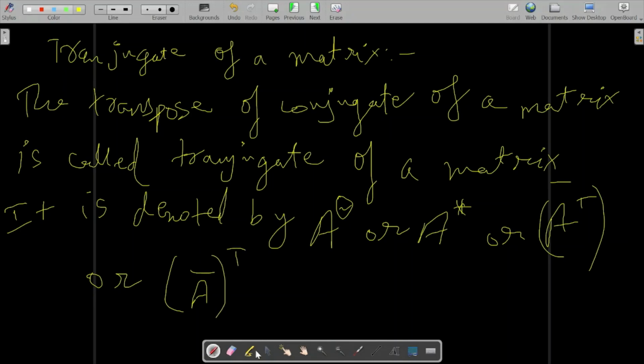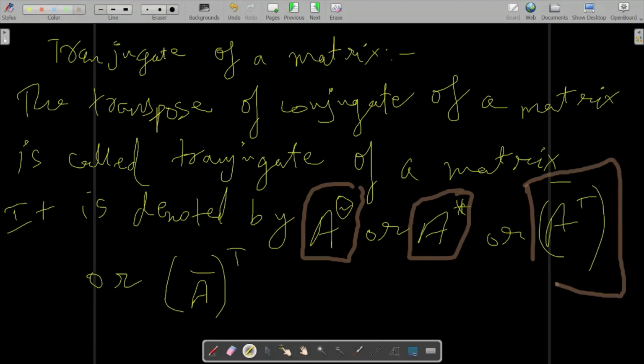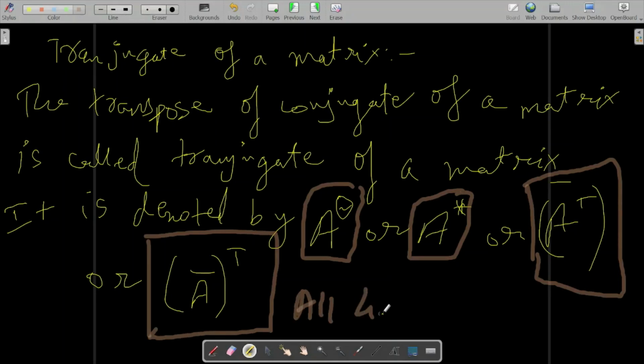So all these things mean the same. Various representations are there in the textbooks, but all these four representations mean the same thing.